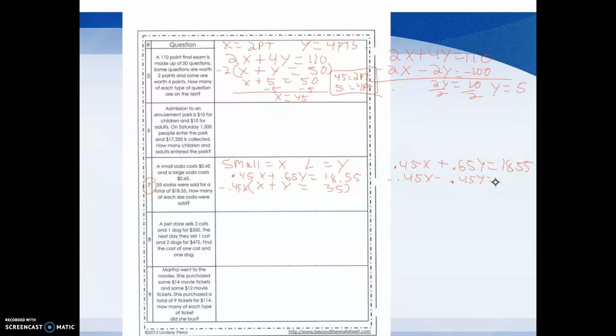Okay, and then I'm going to do 35 times 0.45, which would give me negative 15.75. I'm going to add the system again so I cancel out the x's, right? So it's going to give me 20 cents. Subtract them would give me $2.80. Divide by 20.